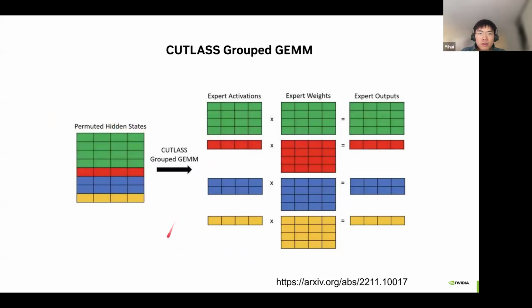Instead, we provide an interface to CUTLASS grouped GEMM, which groups all of the looping over experts and calculates GEMM into a single operation. Given any number of experts and any number of tokens, you can efficiently compute the output in one operation, and it's very efficient.